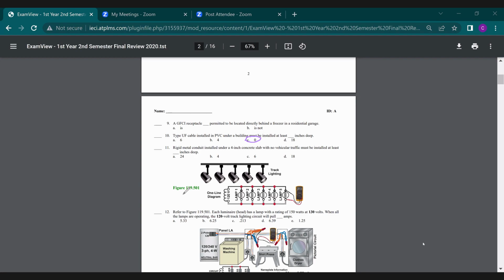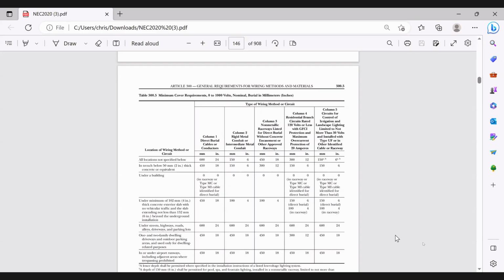But moving on to number 11, rigid metallic conduit installed under a 4-inch concrete slab with no vehicular traffic must be installed at least blank inches deep. Same section, burial depths. We have rigid metallic conduit, which is column 2, and we're under a 4-inch thick slab of concrete with no vehicular traffic.